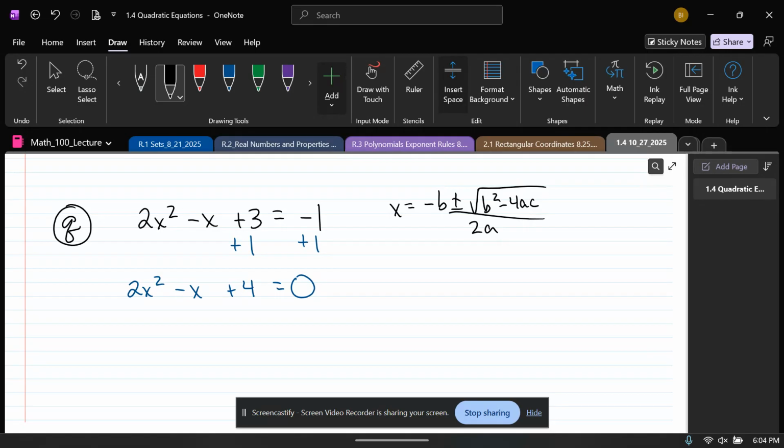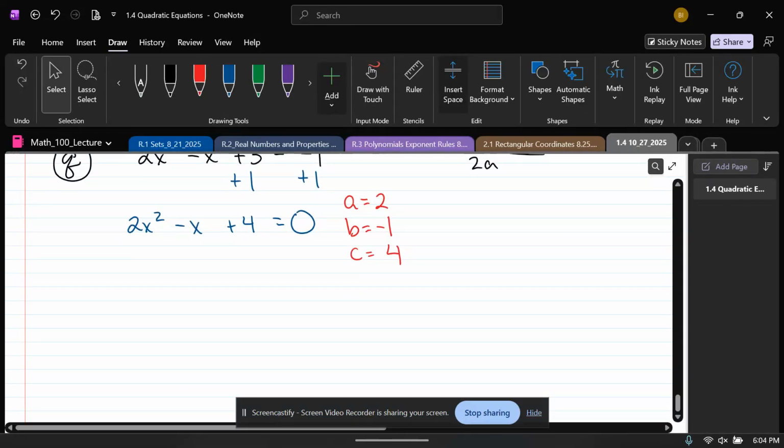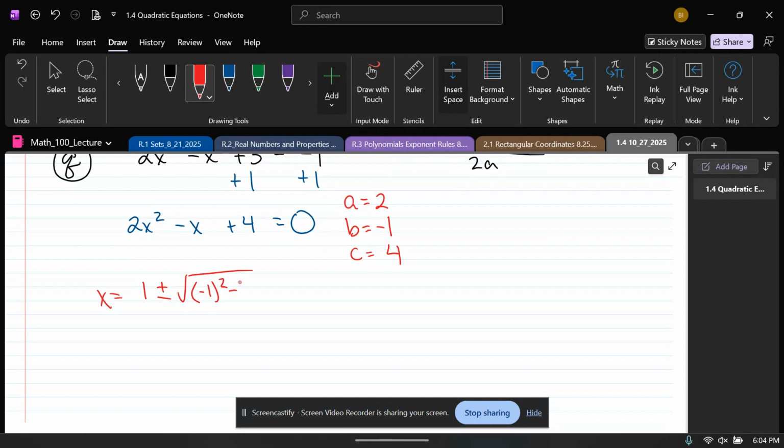Okay, so I'm plugging in a, b, and c. 1 plus or minus the square root of negative 1 squared minus 4 times a times c. We got a 2 times 2 in the bottom this time, so it's a little bit different because we have a different number in the bottom, but all the steps are the same, one piece at a time.